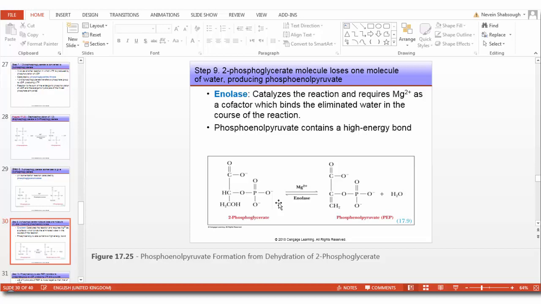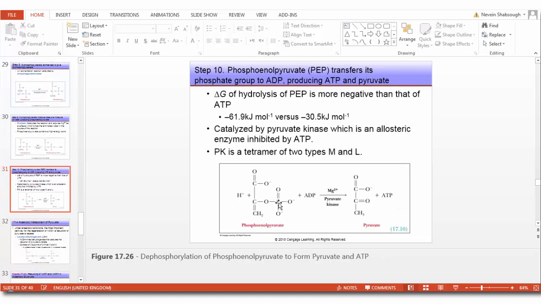In the next and the final reaction of the pathway, phosphoenolpyruvate is converted into pyruvate. Again, the enzyme is pyruvate kinase, where this phosphate group is transferred to ADP to form ATP.